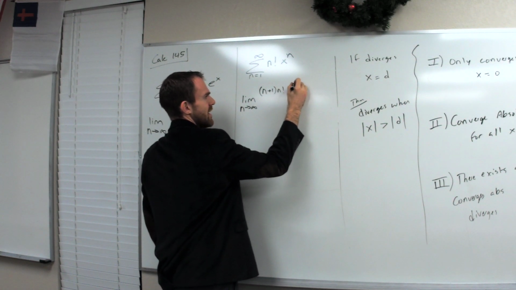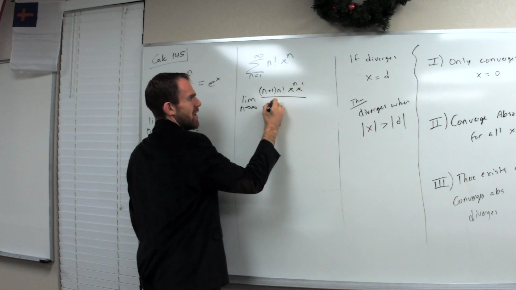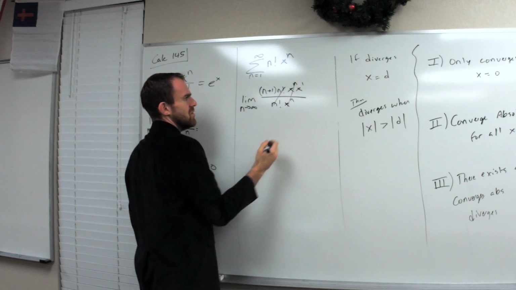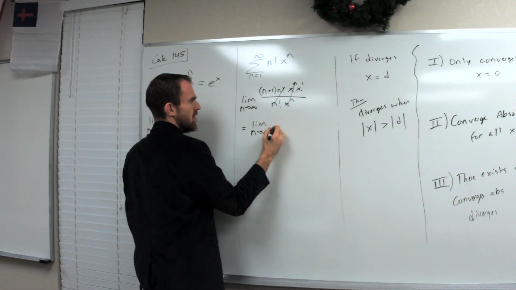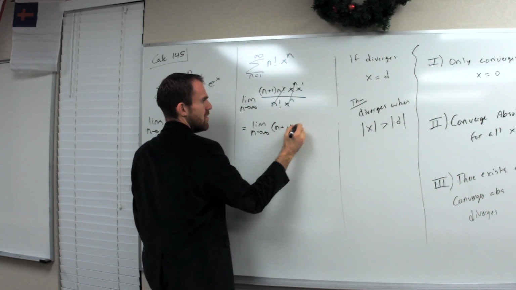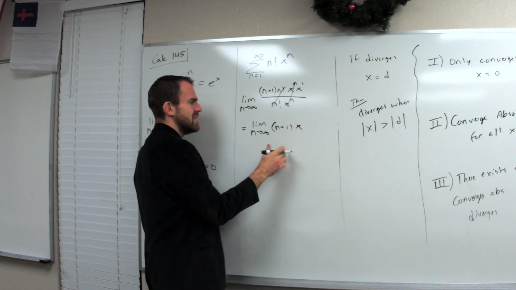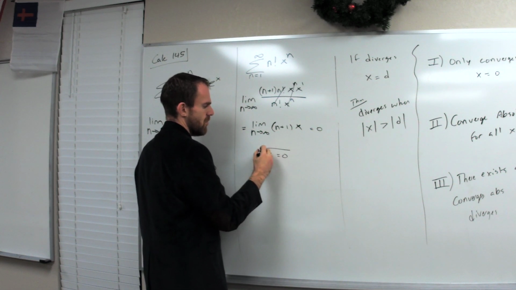X to the n plus 1 is x to the n times x, divided by n factorial x to the n. So those cancel, and I'm left with the limit as n approaches infinity of n plus 1 times x. Now, for what values will this equal 0? Well, that is only when x equals 0.